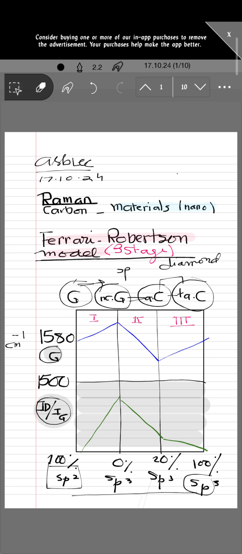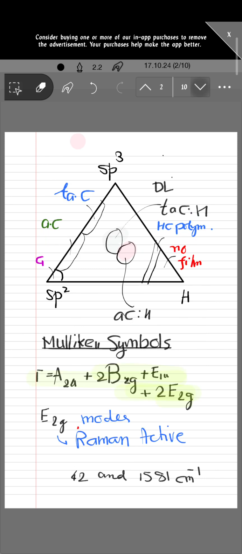Now in a phase diagram, this can be represented in this fashion, where we have considered sp3 in one of the corners, sp2 in one of the corners, and hydrogen in one of the corners.